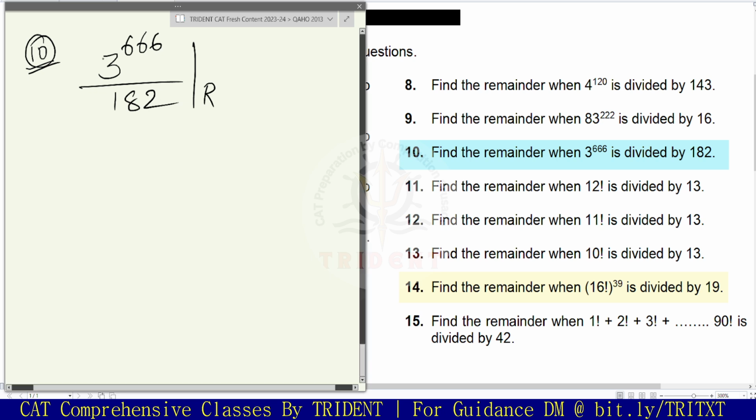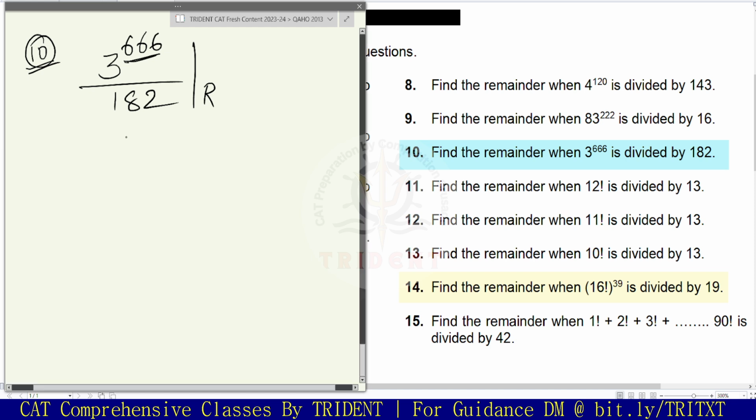If you see, the numerator is a very small single digit prime number, and that has been raised to a humongously big power, which is 666.